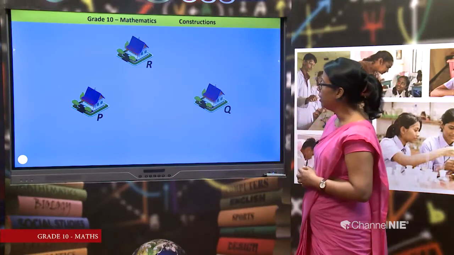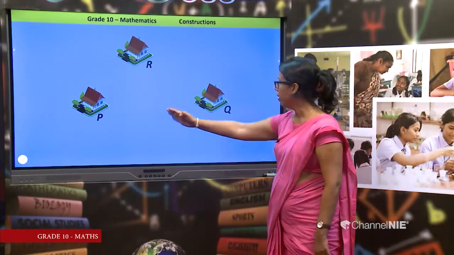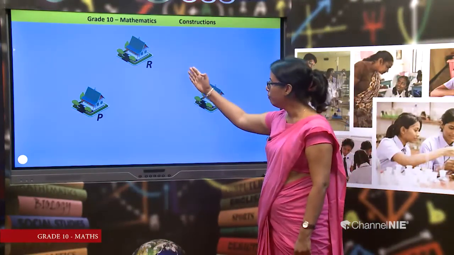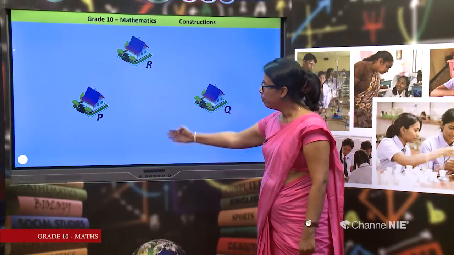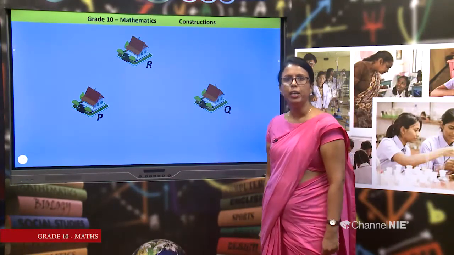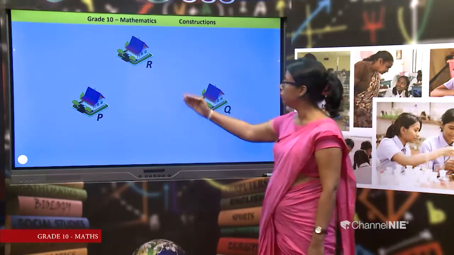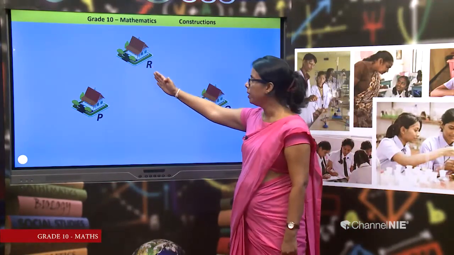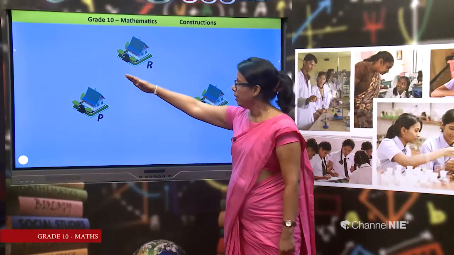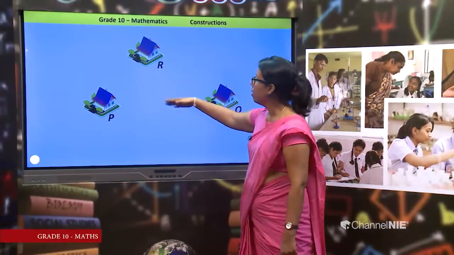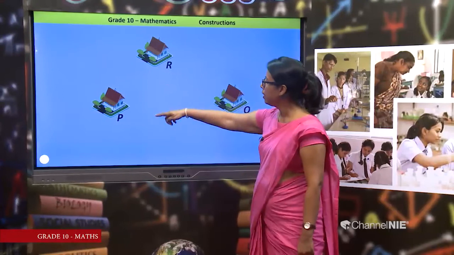It should be equidistant to P and Q. That means somewhere on the perpendicular bisector of PQ. It should also be equidistant to P and R. That means somewhere on the perpendicular bisector of PR.